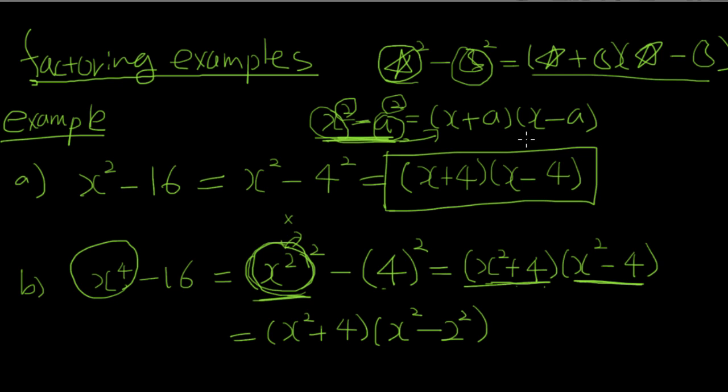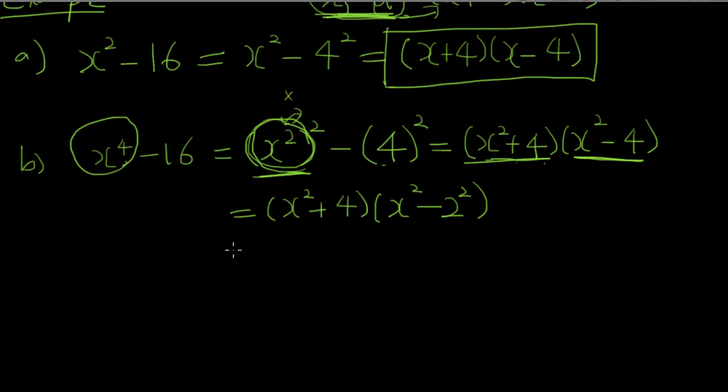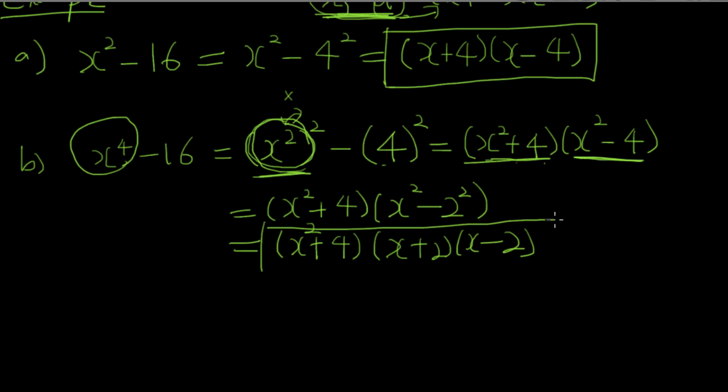Now we can apply this formula again for this, right? So this would be factored as x squared plus 4 times x plus 2 and x minus 2, like this. So that would be our complete final answer.